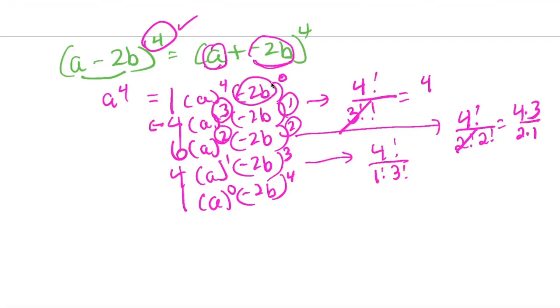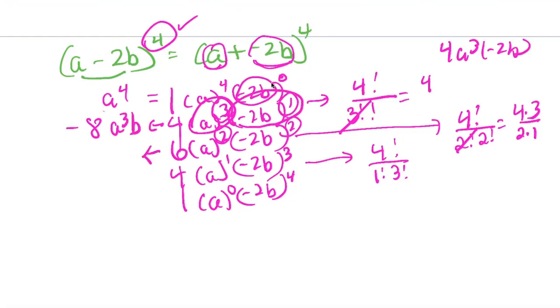All right, this one, be careful, is a 4 times a cubed times negative 2b to the 1st. So this is going to be, I'll write it over here. 4a cubed times negative 2b is negative 8a cubed b.